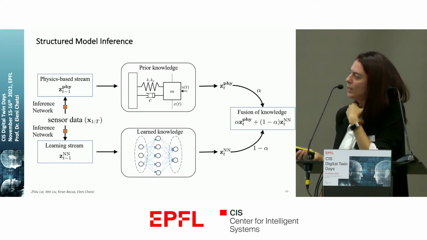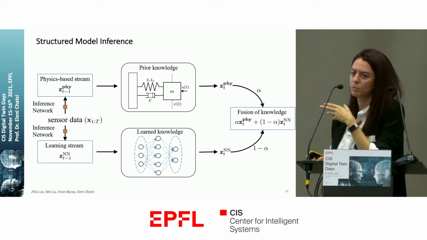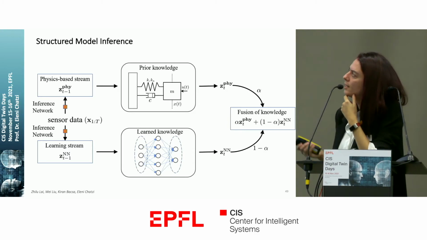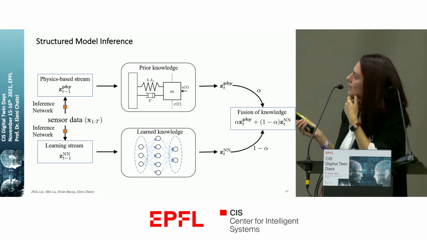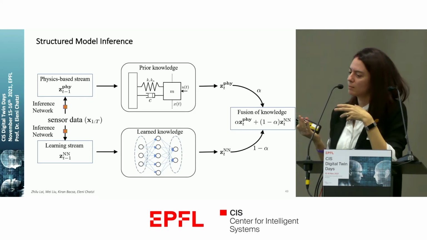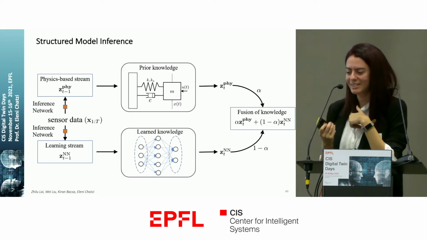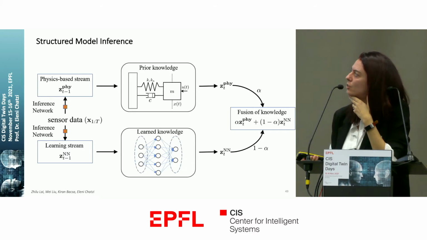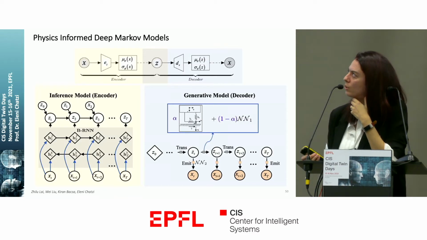And so we leave this part to be learned from a neural network, more of a black box model that we do not claim to have some sort of command on. And so here, by superimposing this physics-based prediction and this learned prediction, we construct a model that capitalizes on physics, but is also flexible enough to learn what we are actually not able to model.